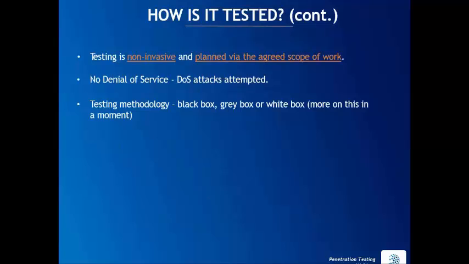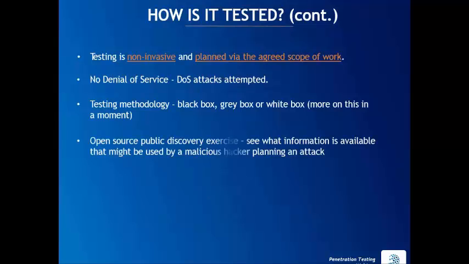The testing methodology we would establish with you: black box, grey box, white box. We're going to talk a bit more about this in a moment. One of the things that we would do before we even start testing is what we call an open source public discovery exercise.